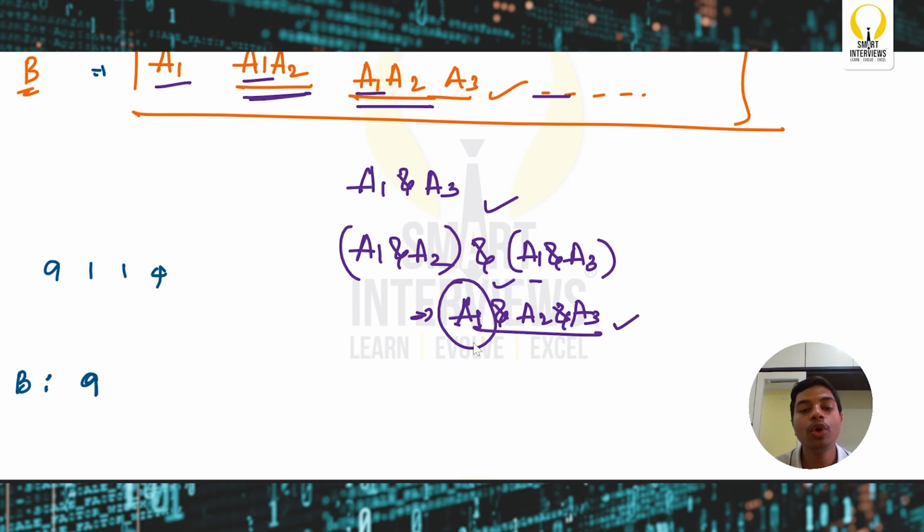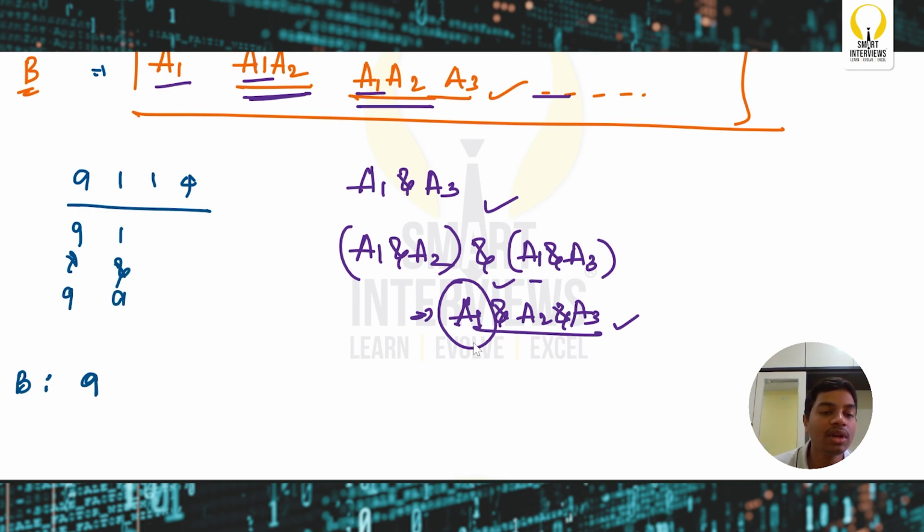So I'm going to once again perform AND on this entire lst. I have eliminated the 9 here. So instead of 9114, it is going to be 9 and with 9, 1 and with 9, 1 and with 9, and 4 and with 9.